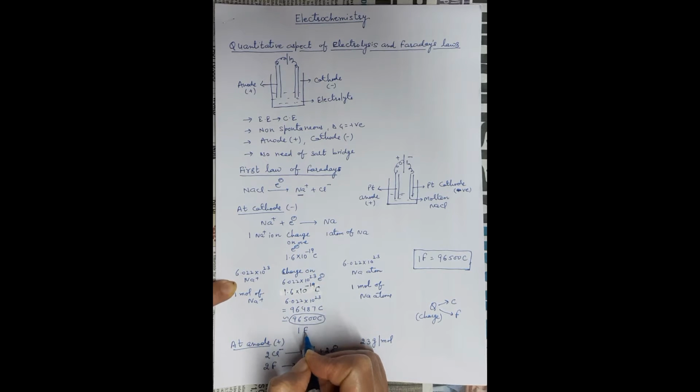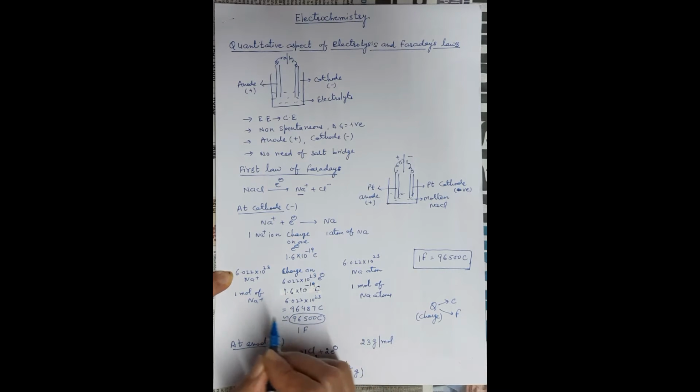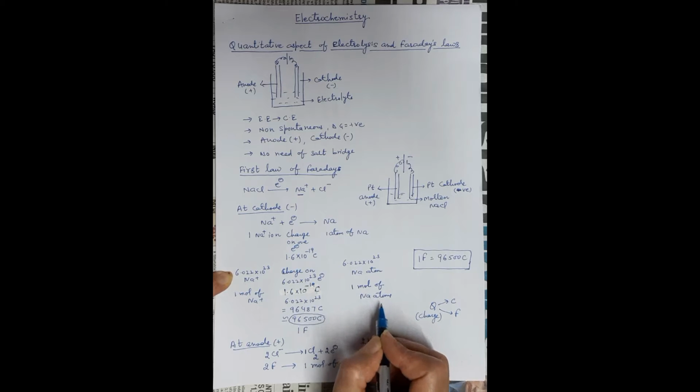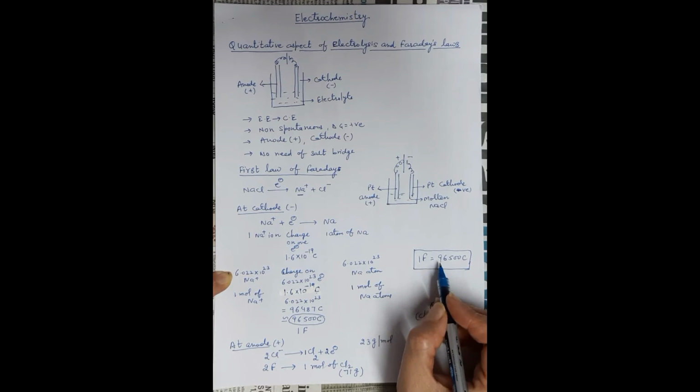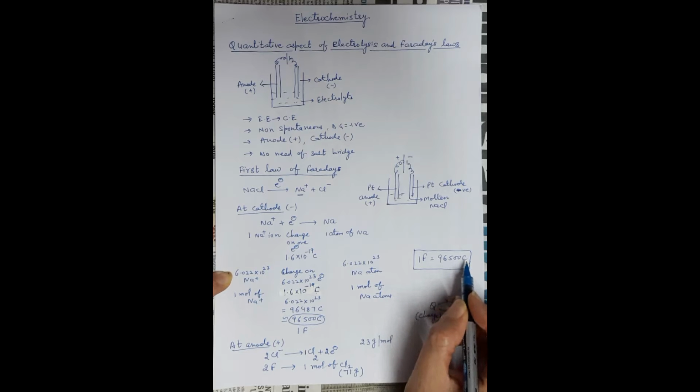So by passing 1 Faraday of charge through 1 mole of sodium ions, 1 mole of sodium atoms are produced. There are two units of charge, represented by Q: coulomb and Faraday, and they are interconvertible. As we know, 1 Faraday is equal to 96500 coulombs.